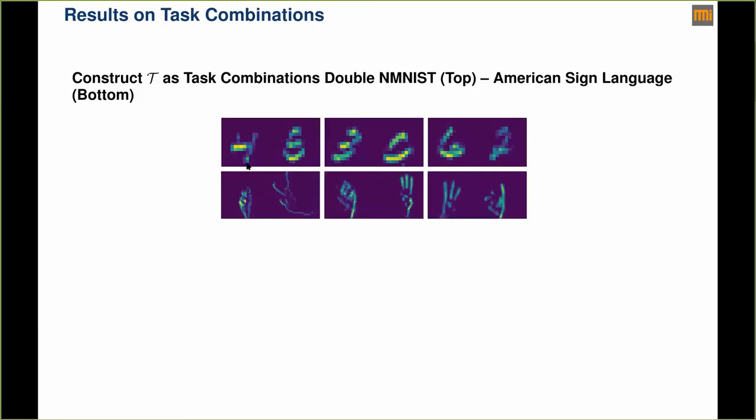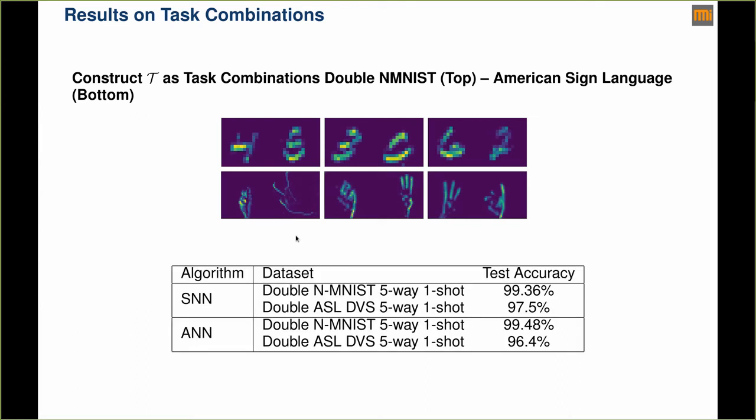Because we're doing spiking neural networks, we need to build a family of tasks. We did this using a clever combination of existing event-based datasets, so double NMNIST and double American Sign Language recorded with the DVS. And we were able to achieve the same results as we have with artificial neural networks.